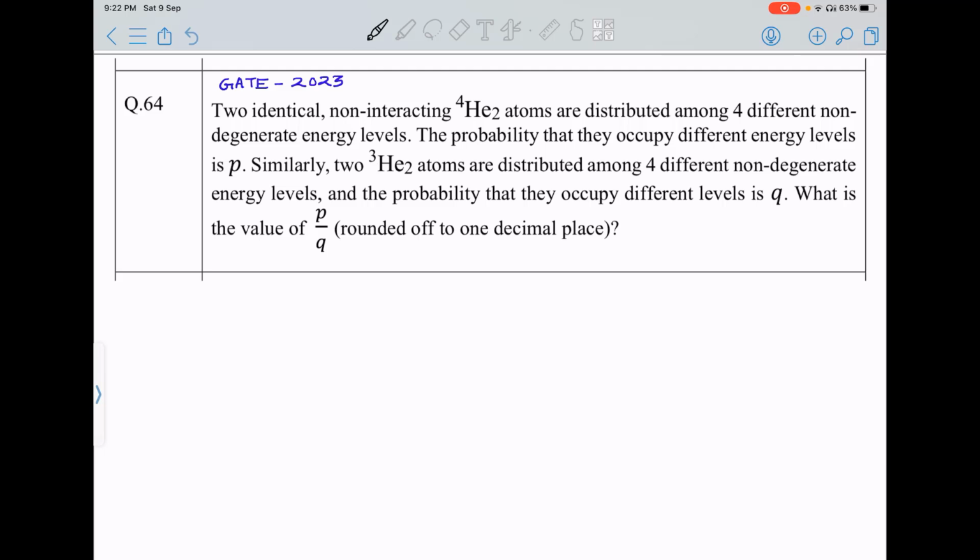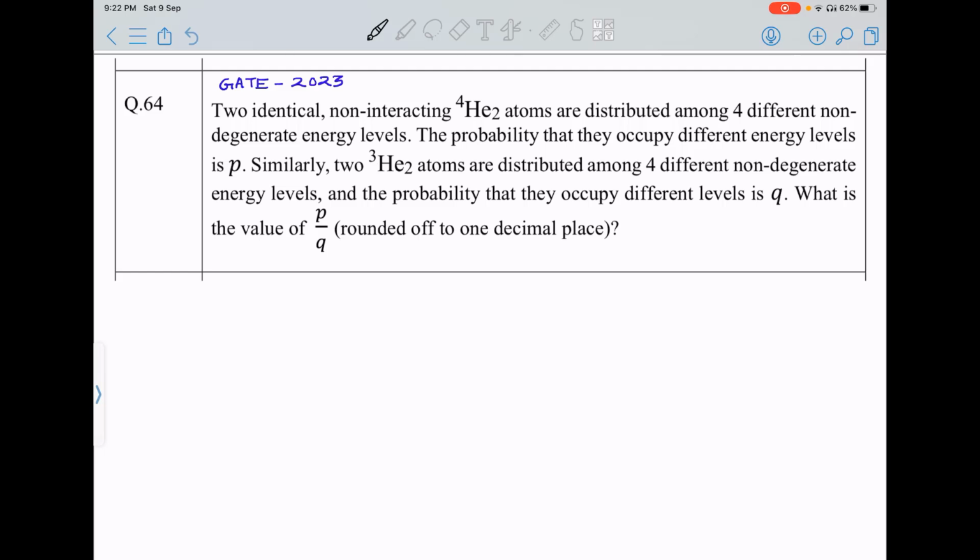The probability that they occupy different energy levels is P. Similarly, two free helium-3 atoms are distributed among 4 different non-degenerate energy levels, and the probability that they occupy different levels is Q. What is the value of P upon Q? This should be rounded off to 1 decimal place.